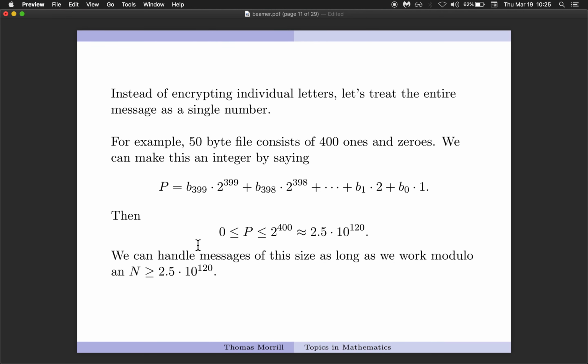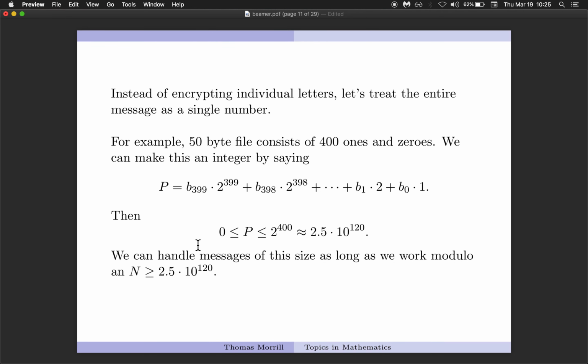Now, we saw in the affine cipher, you need to be careful about which multipliers, a, will actually work for this. So here, we need to be careful about which exponents, e and d, will actually allow us to decrypt.